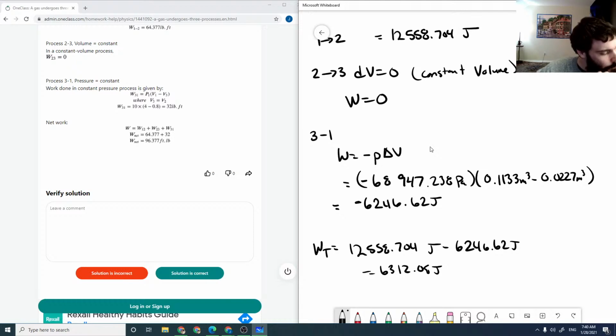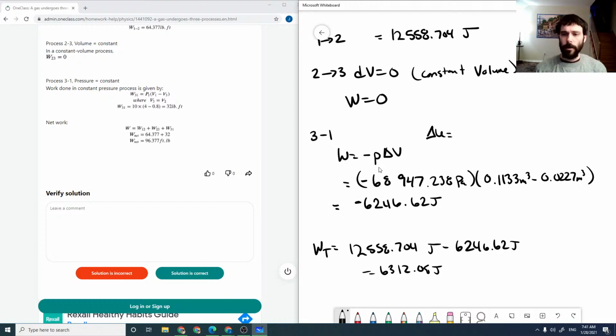Work. This is, it should be minus P delta V, or is it actually just P delta V? Ugh, I've got myself confused here. So the work.